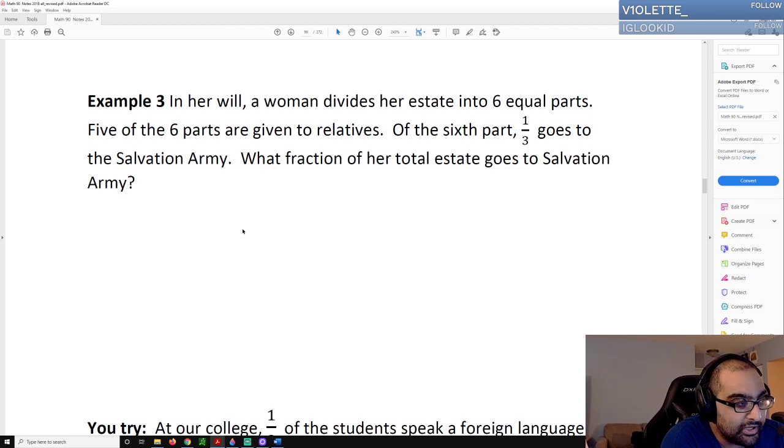Okay, so let's talk about what the important part here is. What exactly is the important part? We know that the first 5 parts are given to relatives, so so far so good. Now let's take a look at this first sentence here. It says, of the 6th part. What does "of the 6th part" mean if we were to write it out using numbers and operators?